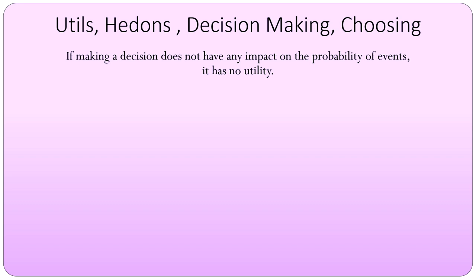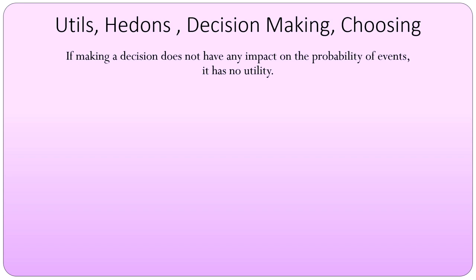So in economics, when we talk about utility, we typically talk about utility maximization, and we use a hypothetical measure called utils. And if you're talking about hedonic value, then you could talk about hedons. Now, how does this relate to decision making and choosing?